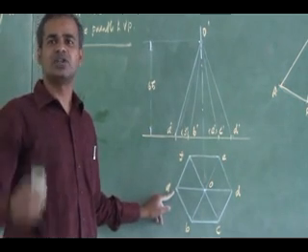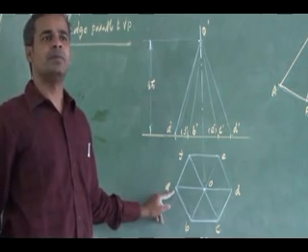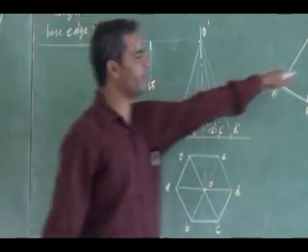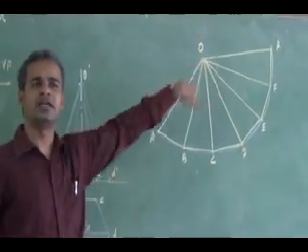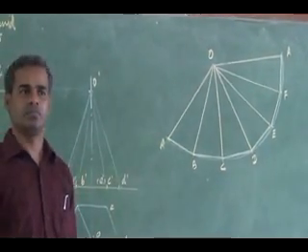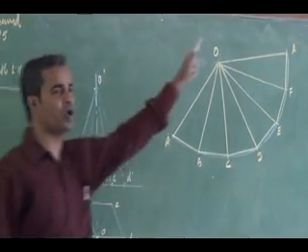So what is the minimum length of the thread required? How can I find it out? I can draw the development, and from the development I can find the shortest length of the thread. How? In the development I have the corner A at two locations.